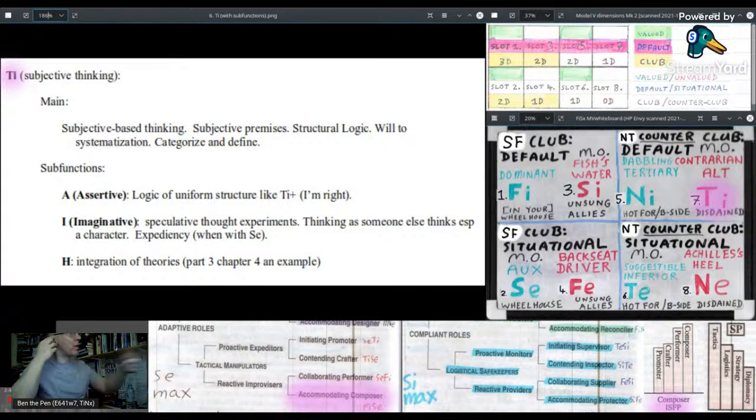So when I showed SE, immersing in the present context, uptime, attention outwards, and in time, in the here and now, and then we looked at NI being opposite, downtime and through time. Well, you've got SE and NI as opposites.